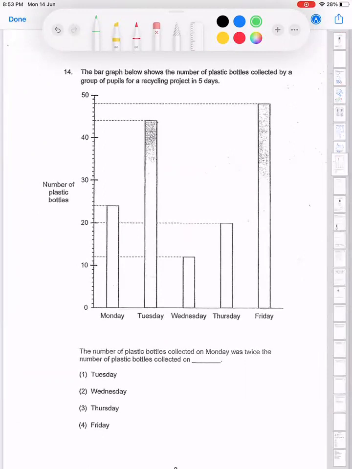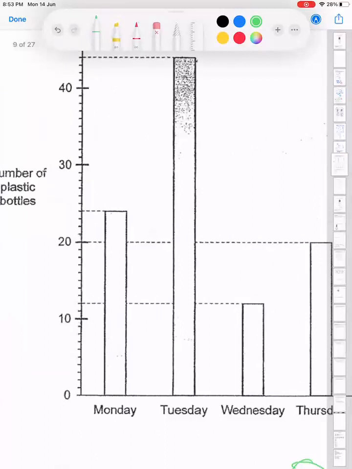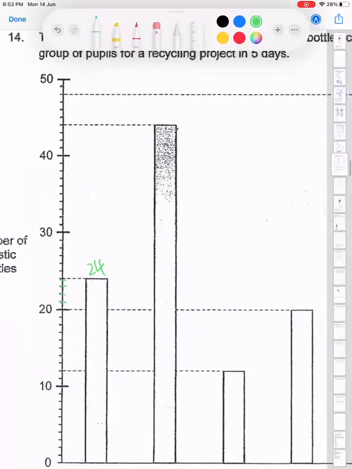The bar graph below shows the number of plastic bottles collected by a group of pupils for a recycling project in 5 days. Okay, 5 days, yeah. So the number of plastic bottles collected on Monday is twice that of another day. Before we do this, we should always label. So 21, 22, 23, 24, 41, 42, 43, 44.